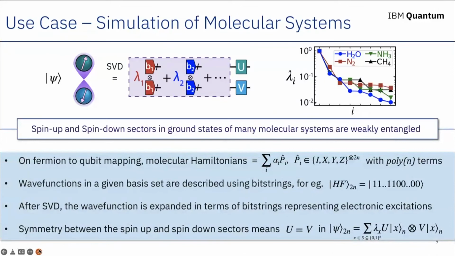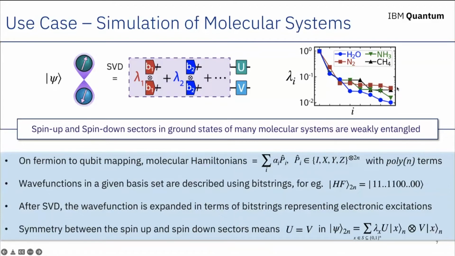Okay, and how does one use this for the case of simulation of molecular systems? In this particular case, if we consider just the molecular system, then the wave function that we obtain, let's assume the ground state wave function, can be split based on the spin up and the spin down part of the electrons.